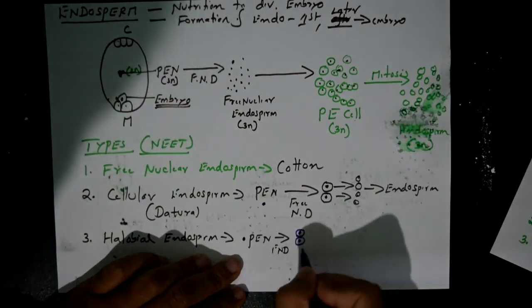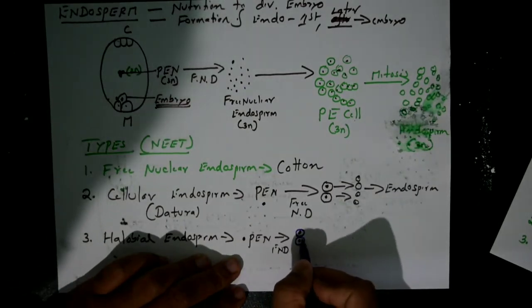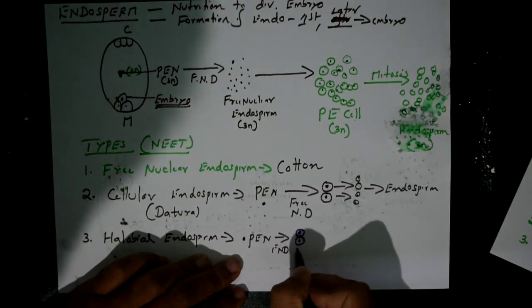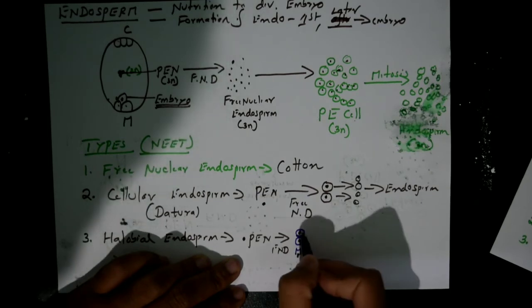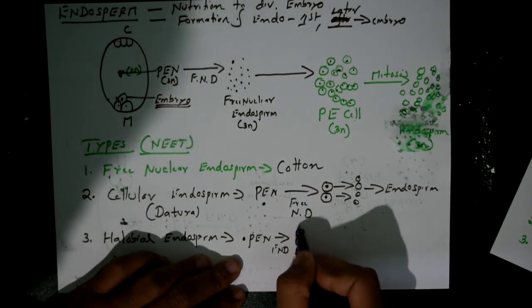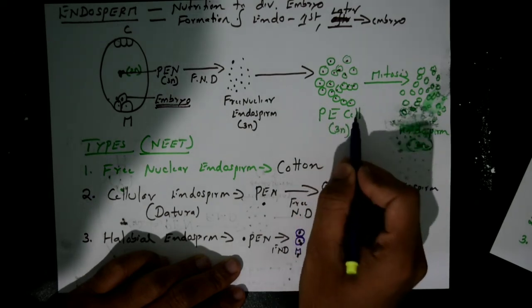But remember, the cell which is closer to the micropylar region we call the micropylar endosperm cell. And this particular cell is closer to the chalazal region, and we call it the chalazal primary endosperm cell.